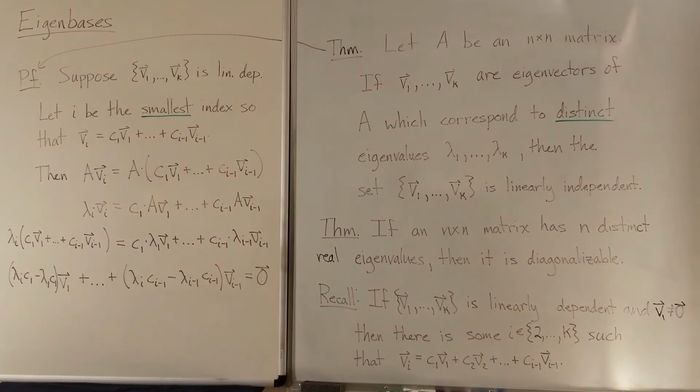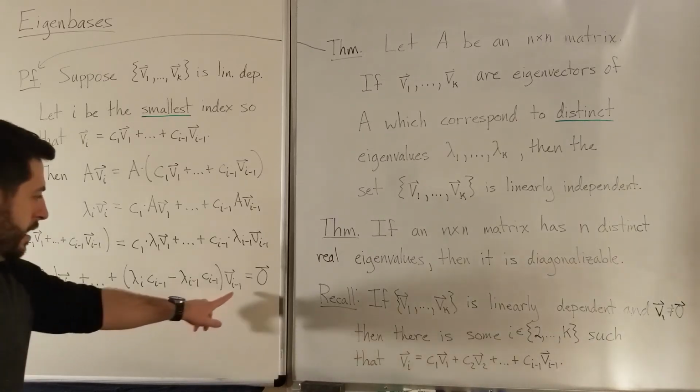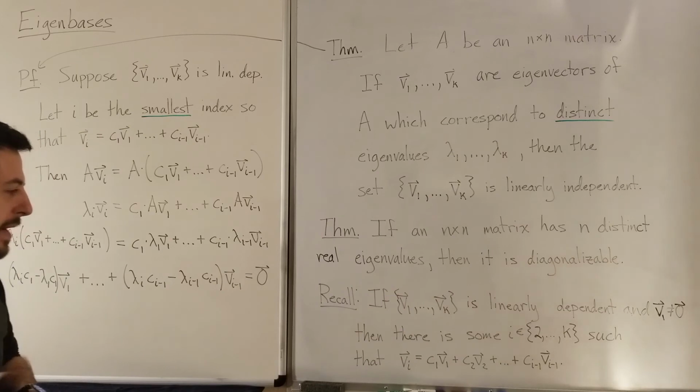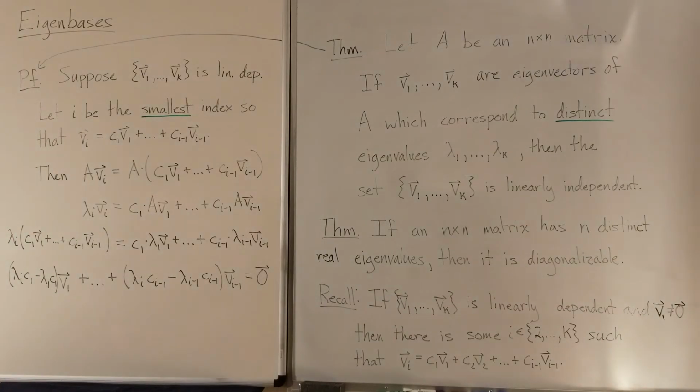Since I subtracted everything to the left side, what's left on the right side is just the zero vector. One important thing to note here is this is a linear combination of just the vectors v1 through v_{i-1}. And these vectors must be linearly independent.